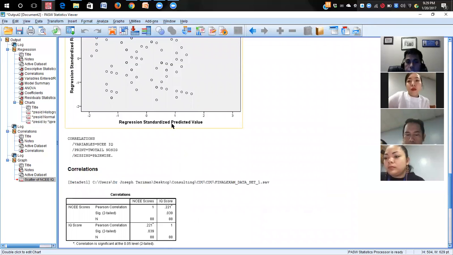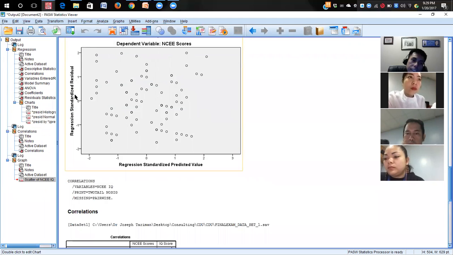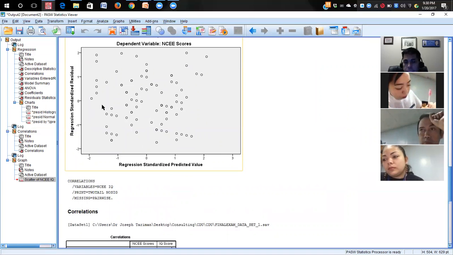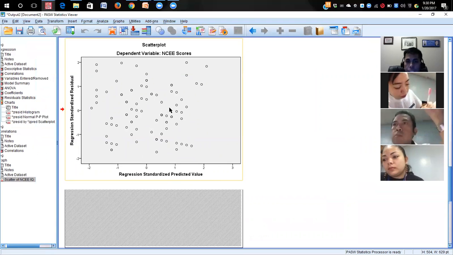This has the regression standardized predicted value, and then you also have in your y-axis the regression standardized residual. Residual is for your y, or dependent variable, and regression standardized predicted value is for your predictor variable, which is your independent variable, in this case your IQ. And it should look like a bird's nest. It should be scattered.